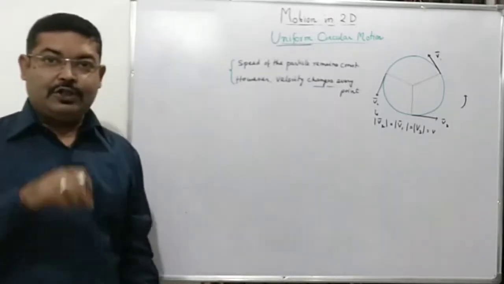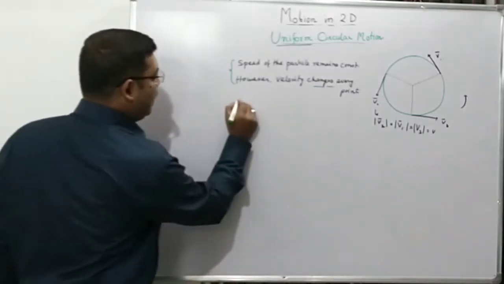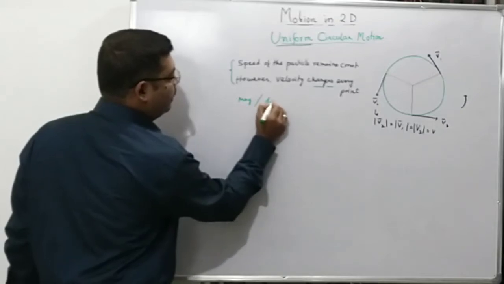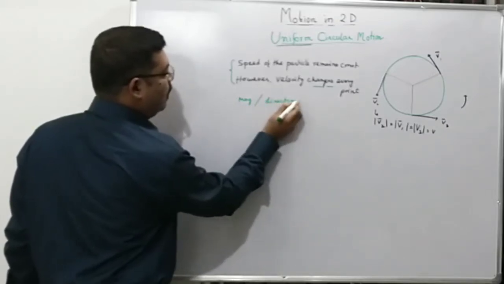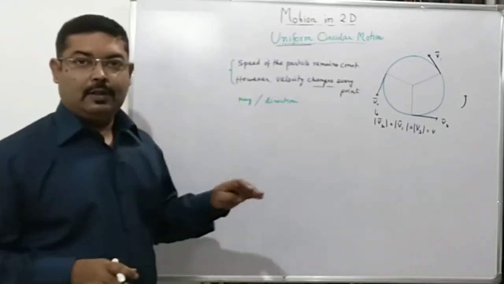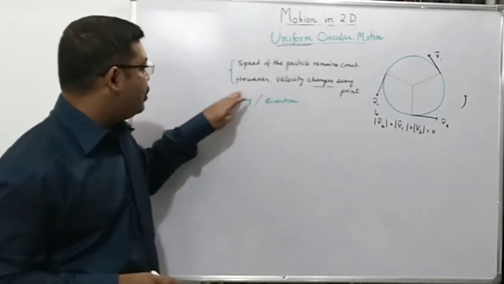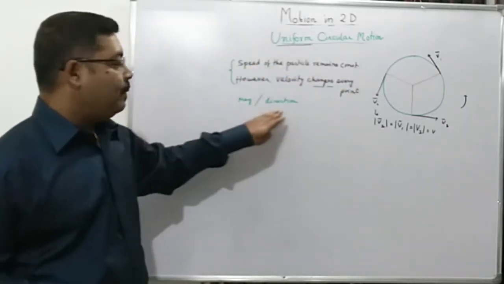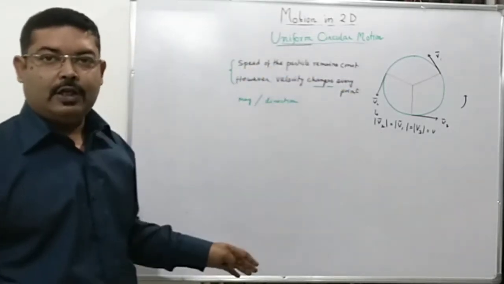If the velocity is changing, whether in magnitude or in direction, because here we have seen that the magnitude is constant because the speed is constant at every point. However, the direction is changing, so the velocity is changing.